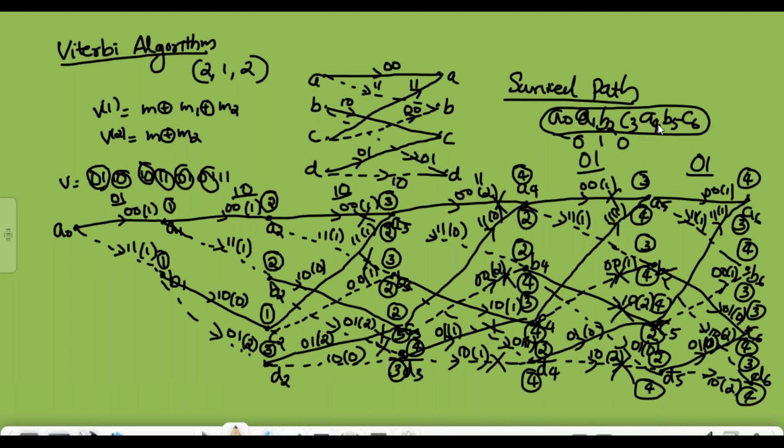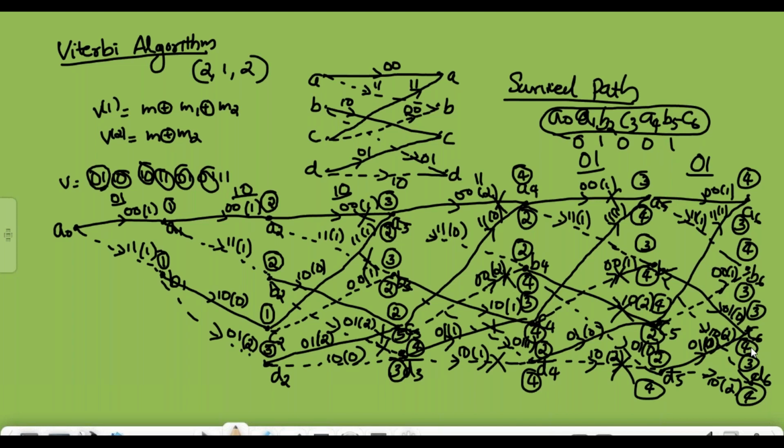Then C3, A4. It is a solid line. Therefore, 0 is the input message bit. Then A4 to B5. It is a dotted line. Therefore, 1 is the message bit.